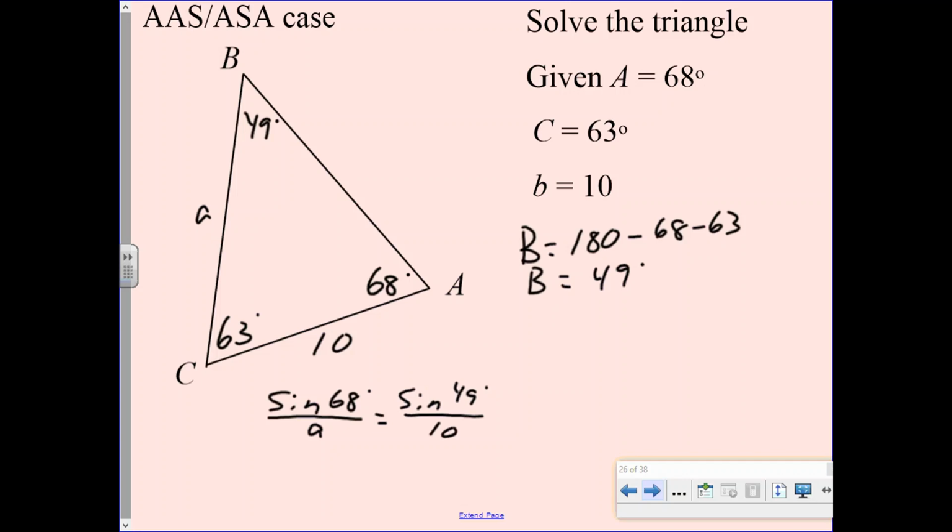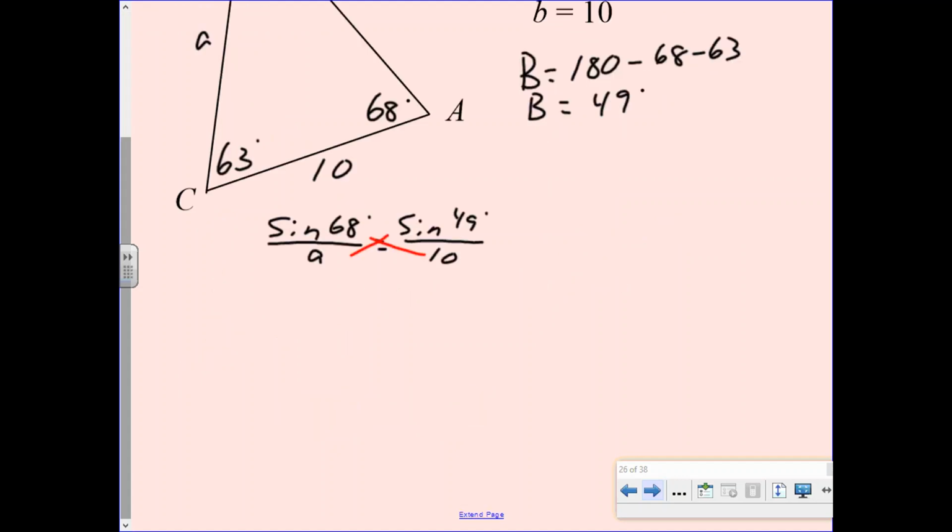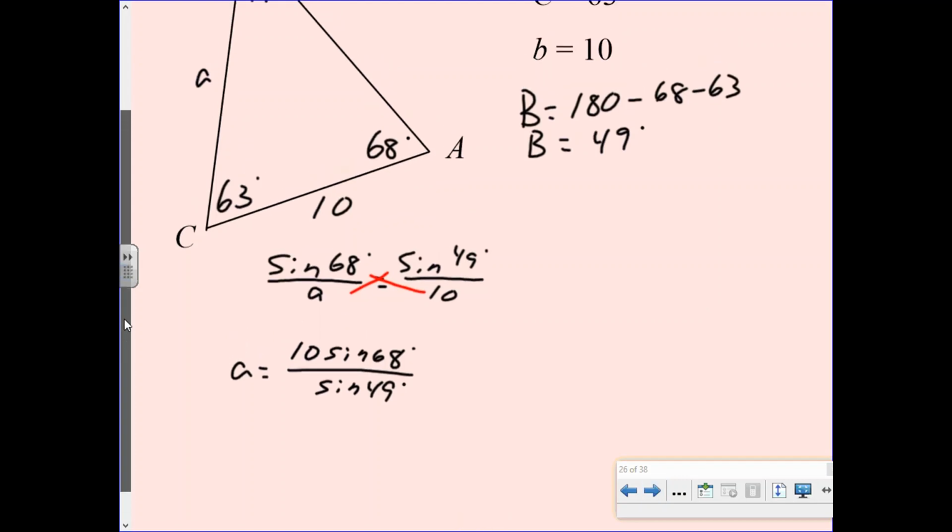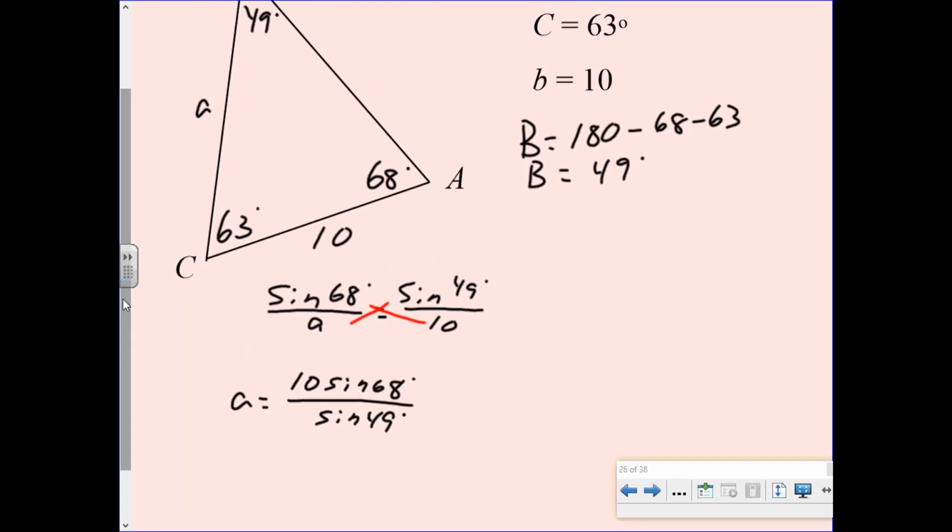And again, I do my cross multiply and divide trick. So 10 times sine 68 divided by sine 49. And when I put that in the calculator, that will be my side C. I'm sorry, my side A. I apologize.